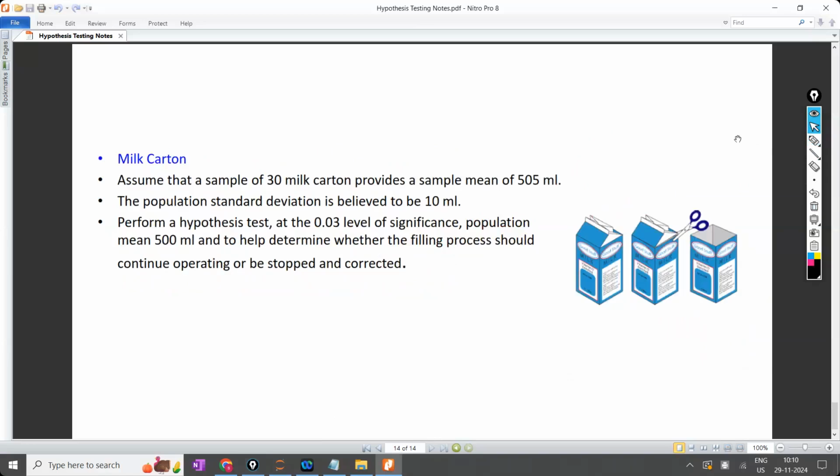And for this example, what is the answer? Null and alternate hypothesis, formulation only.